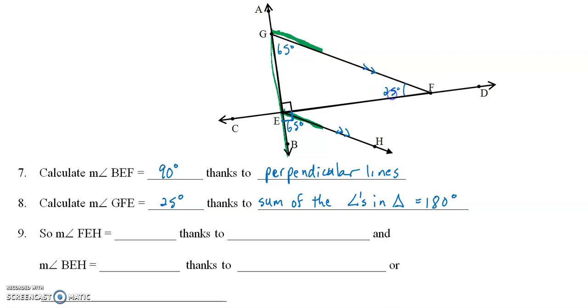25 degrees. So the measure of angle FEH, let's look where that is, FEH. Well, we know it's 90 degrees there in that corner, so that's going to be equal to 25 degrees, thanks to complementary angles.